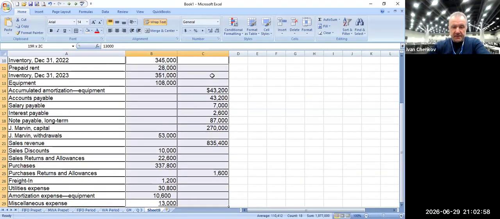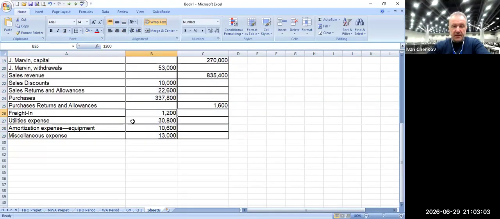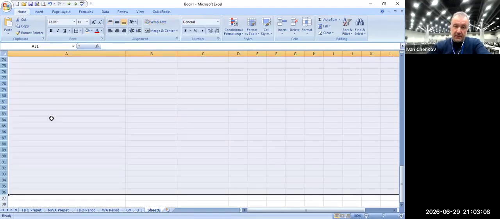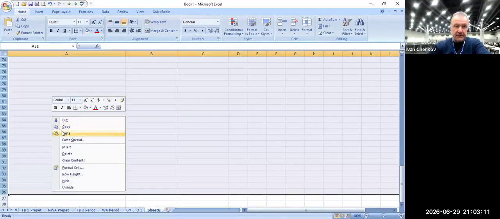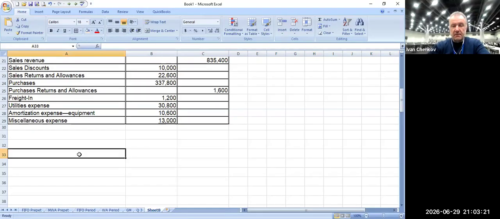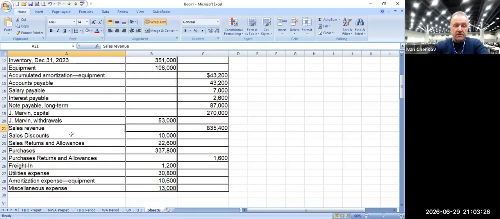All right, so once we have this information, we can start thinking about what the closing entries will be. We have to do the regular closing entries, which are closing the revenue, closing the expenses, closing the income summary, and closing the withdrawals. Those are the regular entries. Plus, we have to close all the accounts which are specific to this type of inventory system, which in this case is the periodic system.